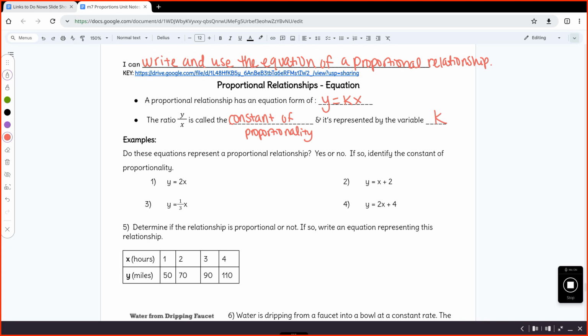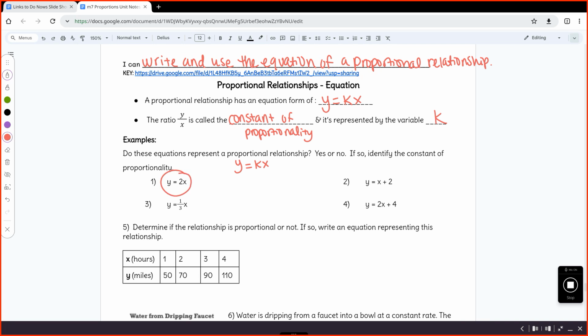and it is represented by the variable k. All right, so we want to tell whether or not these examples from 1 to 4 represent a proportional relationship. So, in other words, do these look like y equals kx? And then if so, identify the constant of proportionality, or k. So number 1 says y equals 2x.